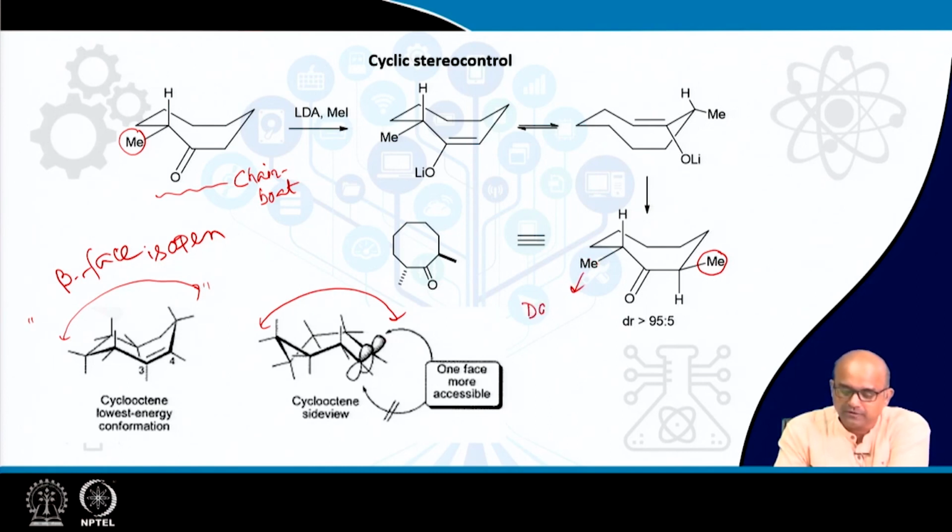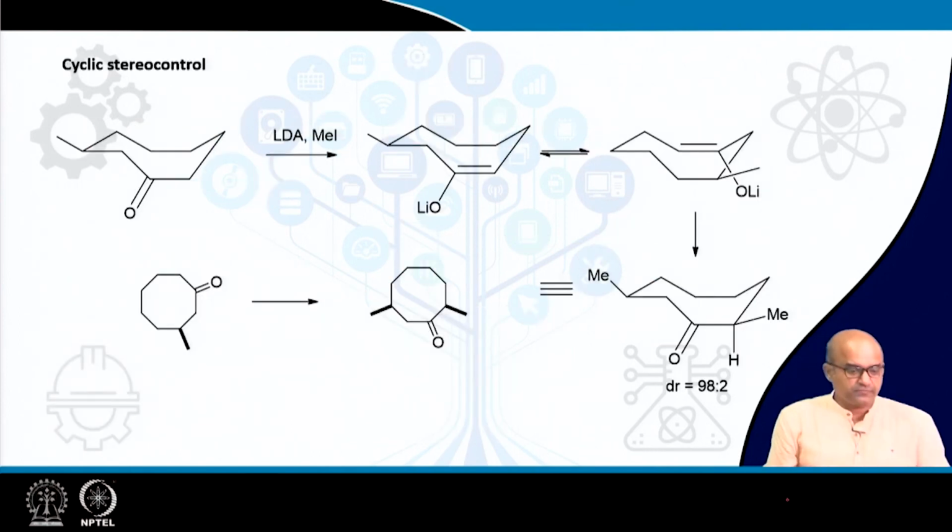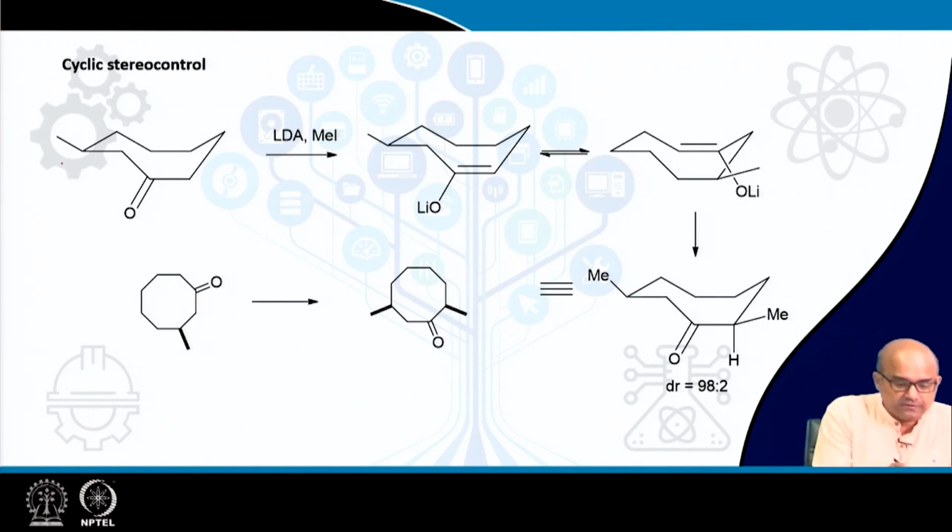This existing stereocenter probably did not play a role, but the main significant role was played by the ring structure of the cyclooctene. Similarly, for a 3-substituted cyclooctanone, the stereocenter is beta, meaning the methyl group is kind of equatorial.